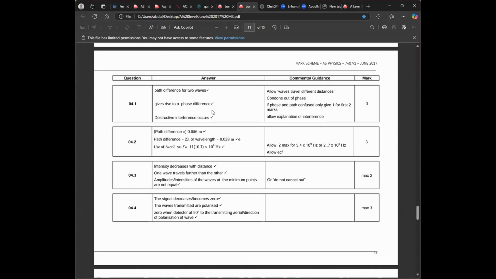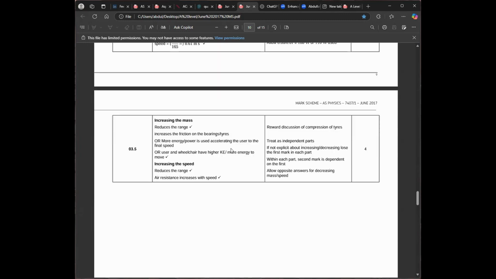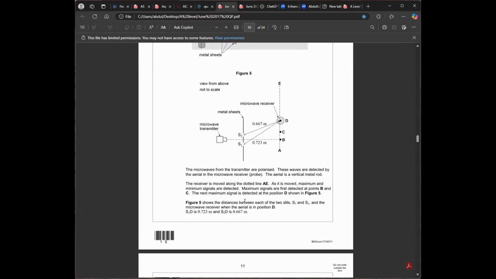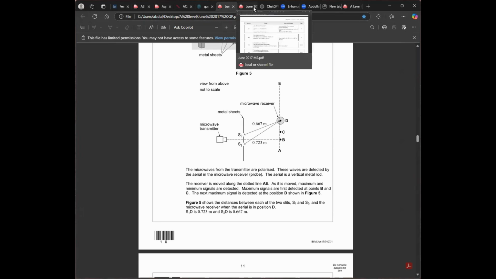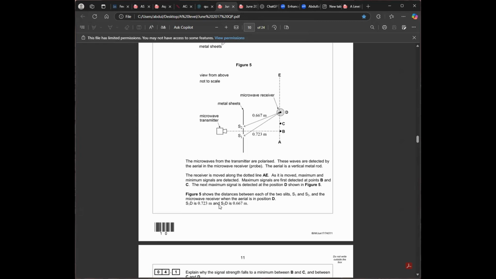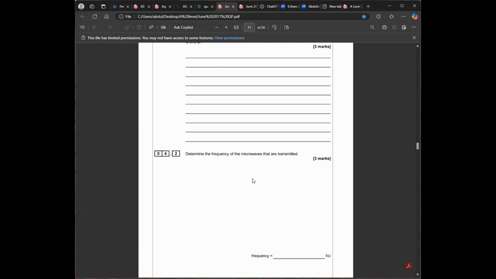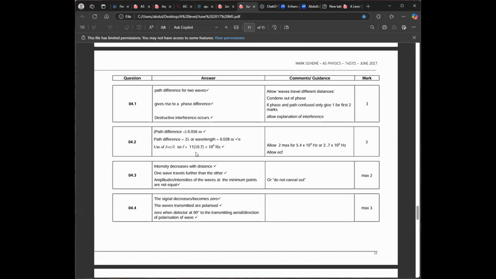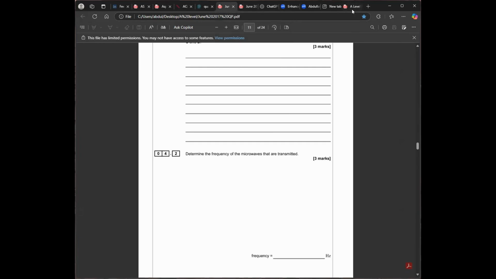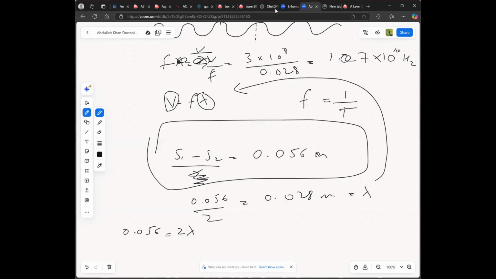So we had three significant figures, so we have to keep the number 3, and they have not told us anything else. So did you say 1.07? Yeah, 1.07 times 10 to the power 10 should be all right. Doesn't say here, but it should be all right. So that is correct.